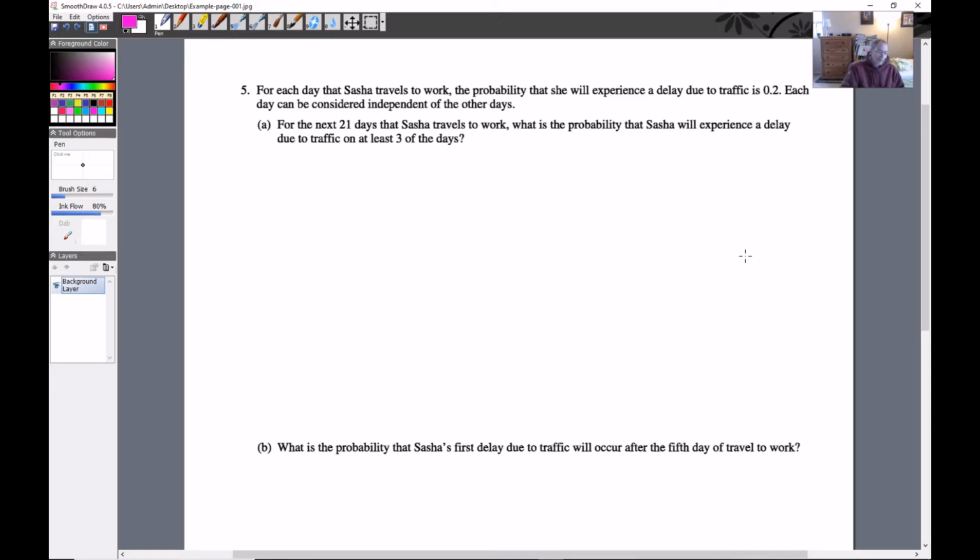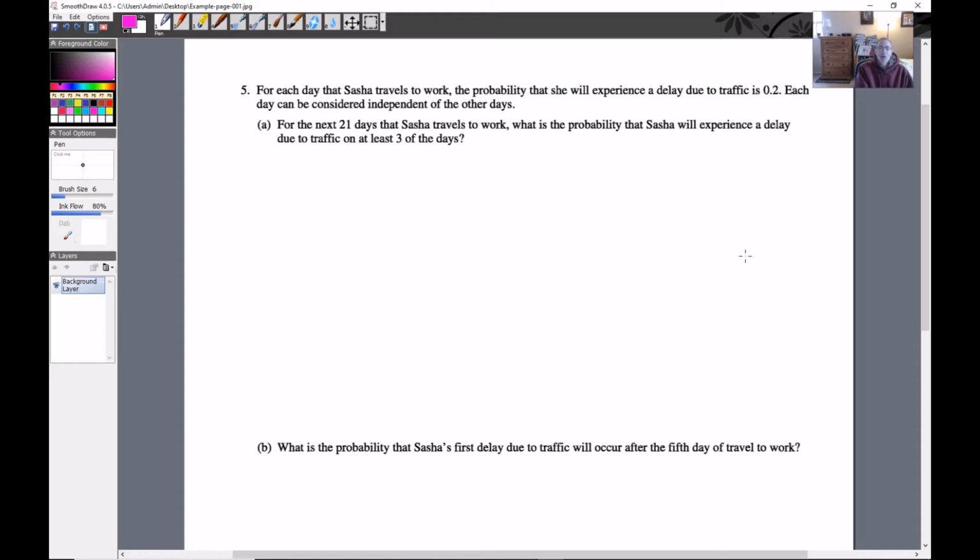So let's look at the first part. It says, for the next 21 days that Sasha travels to work, what is the probability that Sasha will experience a delay due to traffic on at least 3 of the days? All right, 3 out of 21. Trials are independent, fixed probability, fixed number of trials. I mean, it's looking very much binomial.